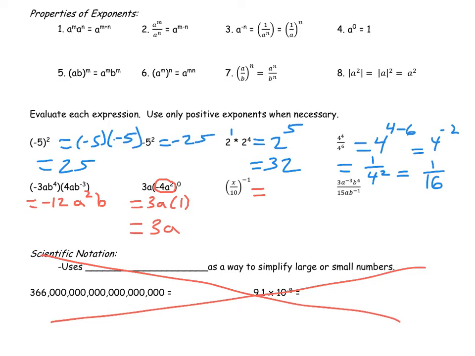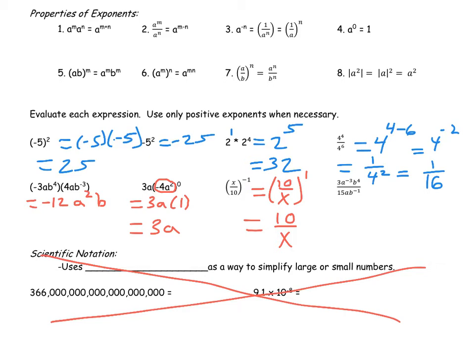All right, negative exponent, which means I am free to take what's inside there, which would be 10 over x, to the first power, which I can just drop and say that that's 10 over x.